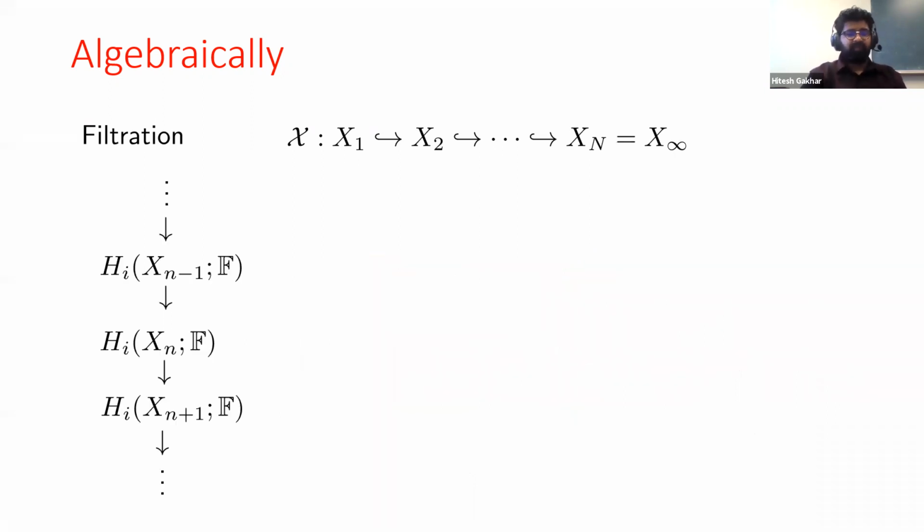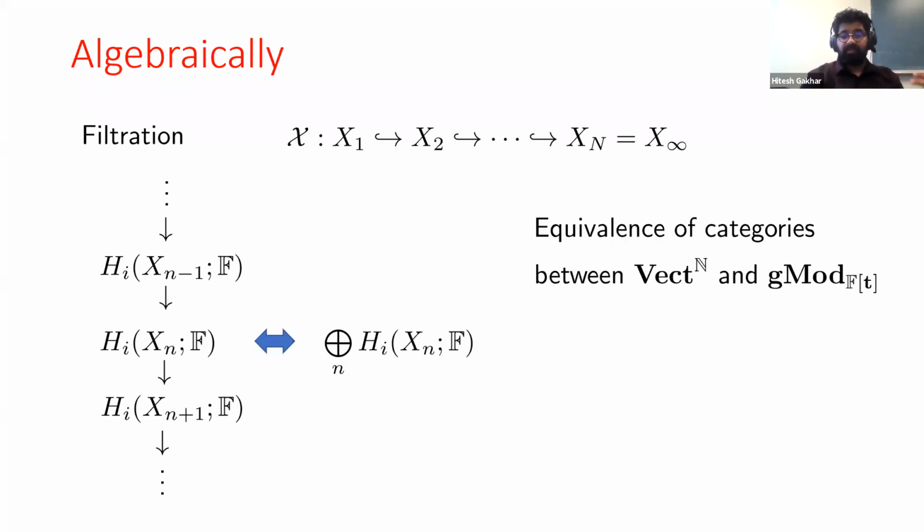Then we saw that we could compute homology at each level, and we would get these induced maps between homology groups. So we essentially get a diagram of these homology vector spaces and induced linear maps between them. An equivalence of categories between the diagrams indexed over n of vector spaces and the graded modules over F[t] gave us an equivalence between this diagram and a graded module.